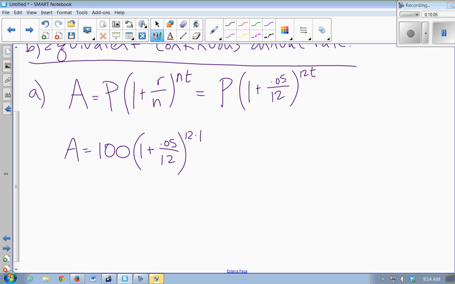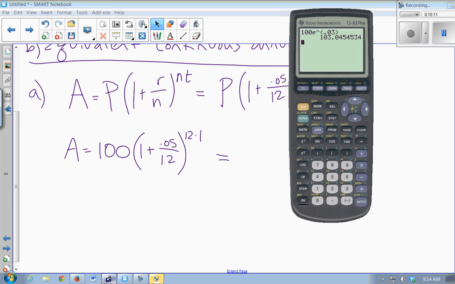Invest $100 for a year, and I want to see what my percent growth is. So 100 times 1 plus 0.05 over 12 raised to the 12th. So I get $105.11.